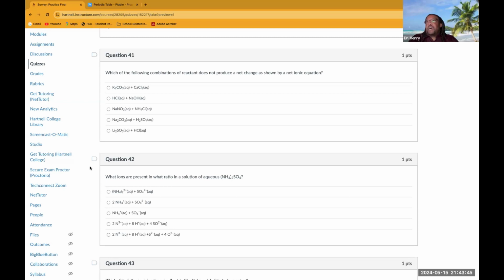Sorry, a net change, not charge, as shown by the net ionic equation.